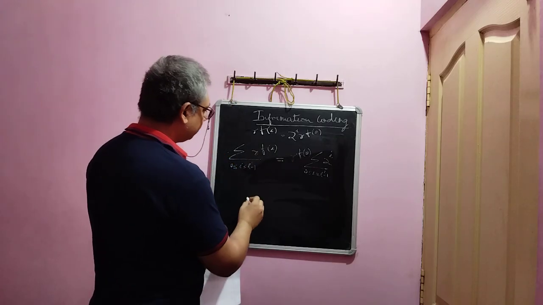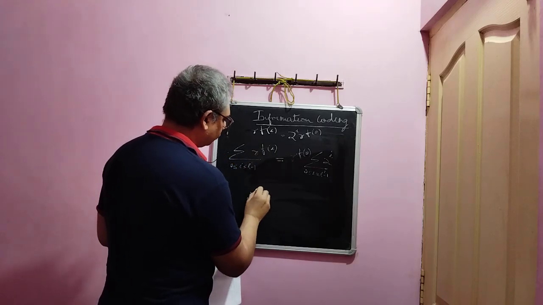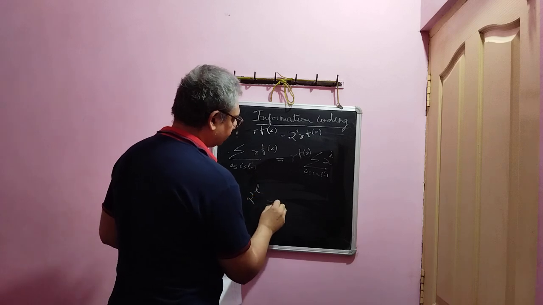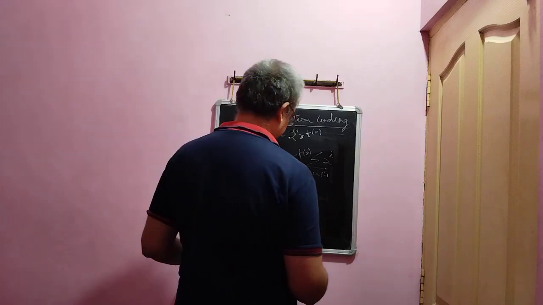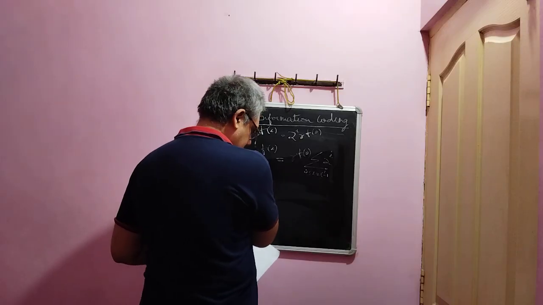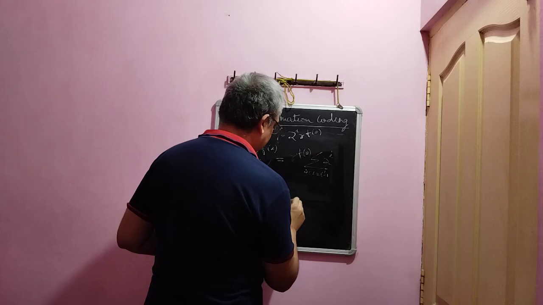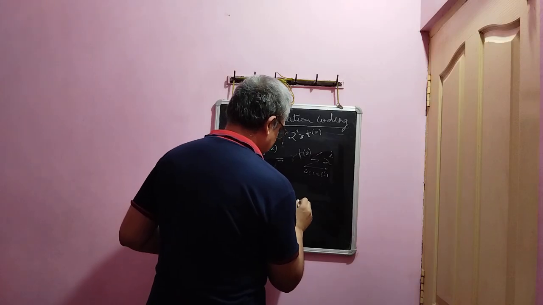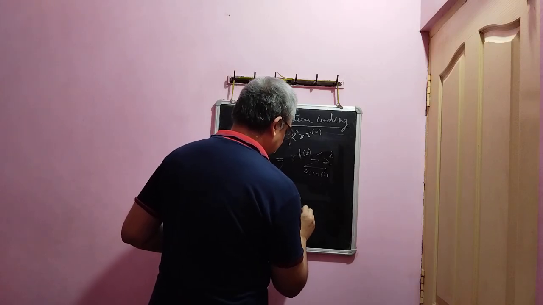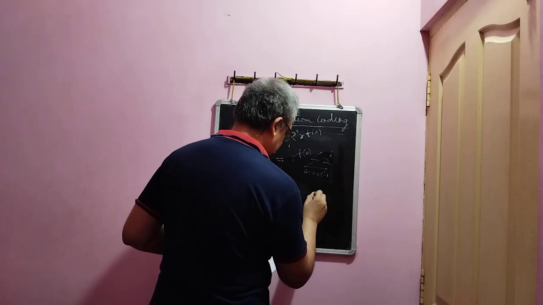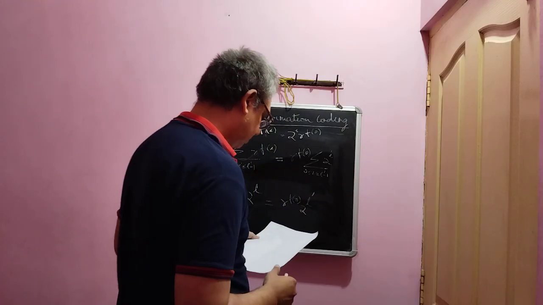Now this part, we know we require it to be equal to 2 power L, which must be equal to r power f of 0 times 2 power L dash.